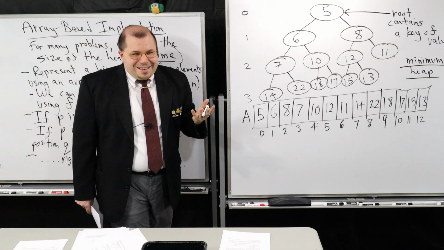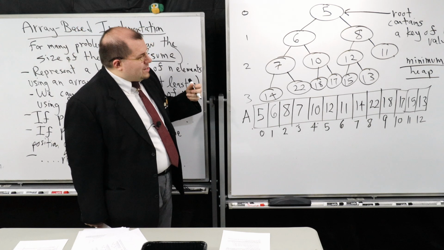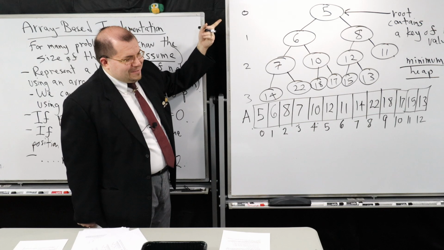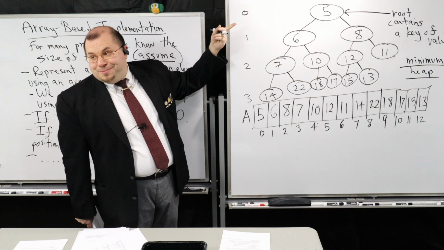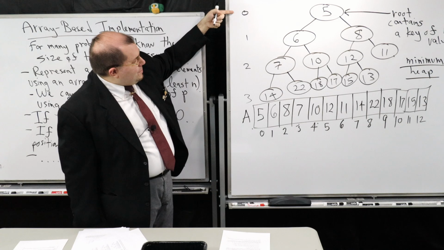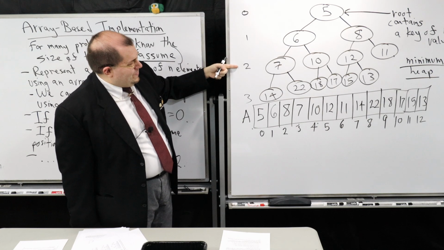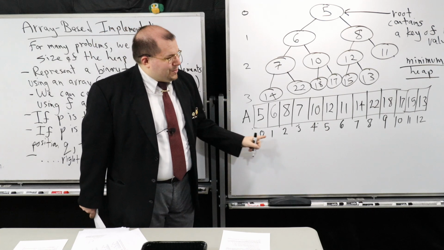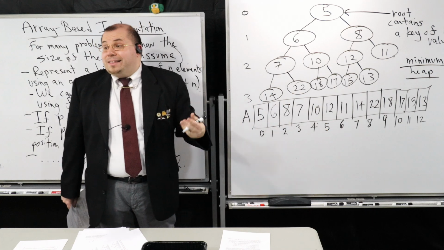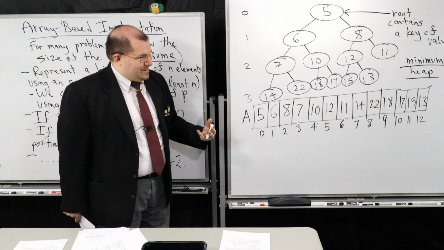Do you remember what I did? I talked about the levels of the tree, right? So here's what I want you to do. Start up here and read from left to right as I go down the tree. Notice it's left to right in the array here. This is a level order traversal of the tree.